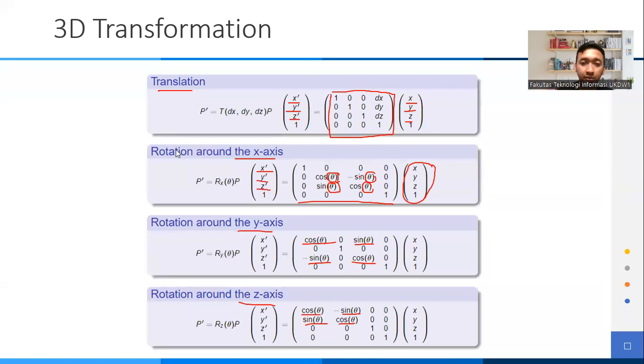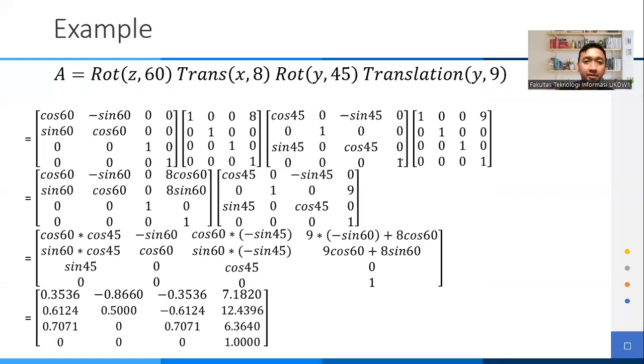So we can multiply the transformation matrix with the old coordinate. It's the same for the y-axis and z-axis. And for example, here I want to find the homogeneous transformation matrix if I want to rotate in the z-axis with 60 degrees.